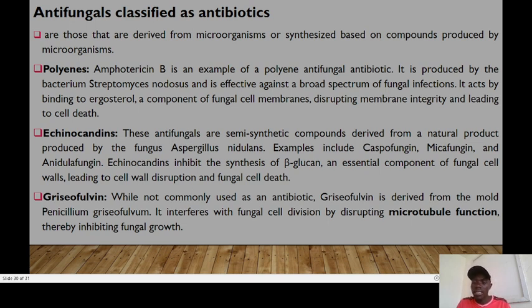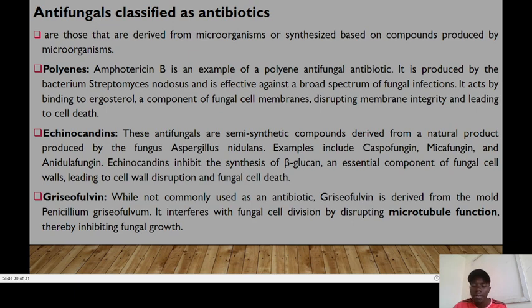This leads to disruption of the cell wall and eventual death. Griseofulvin, on the other hand, is not commonly used as an antibiotic. It is derived from the mold Penicillium griseofulvum, and it interferes with fungal cell division by disrupting microtubule function, thereby inhibiting fungal growth.